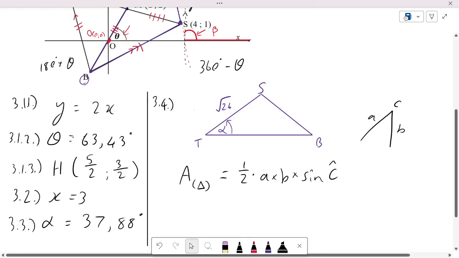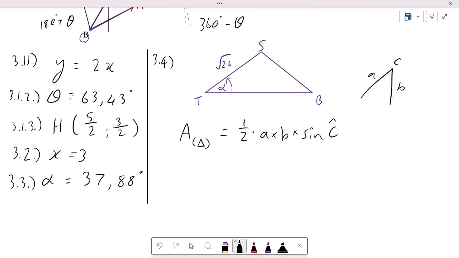Now we just need to plug our information in. We are going to find the area of triangle BTS, and this is going to be equal to a half, and let's say our one side is going to be root 26, multiplied by our other side, which we are going to call BT, multiplied by the sine of our alpha.